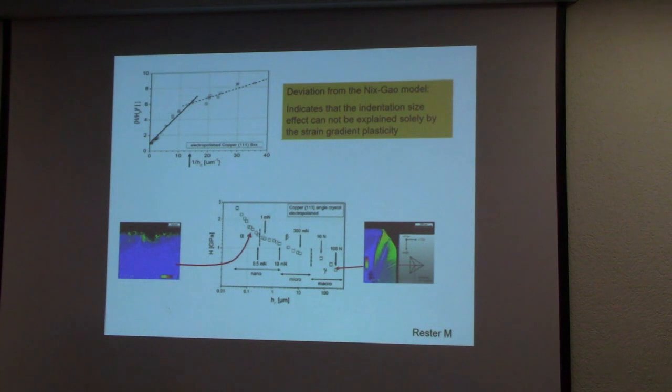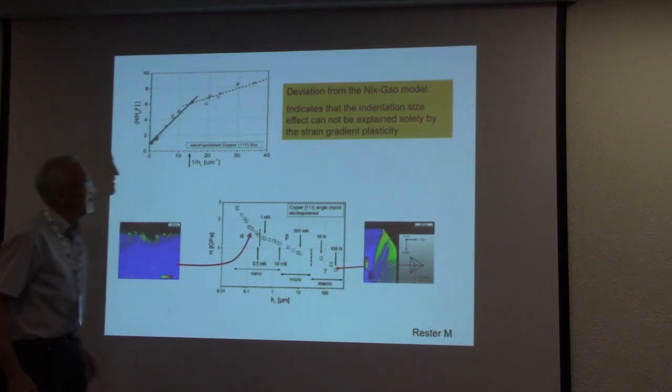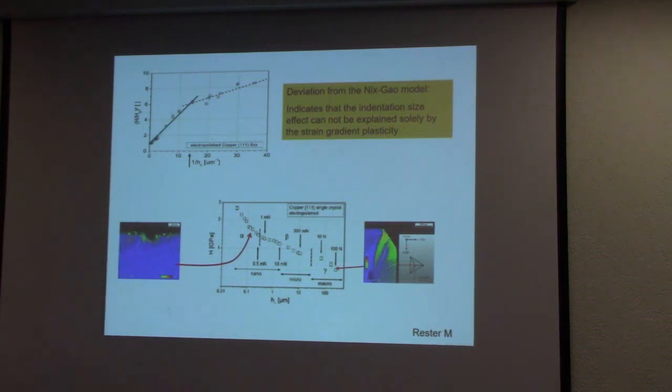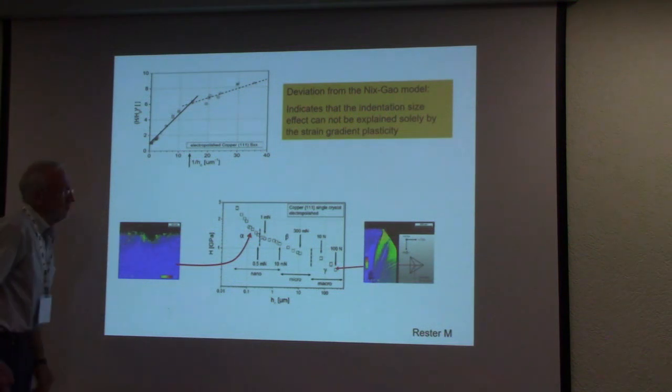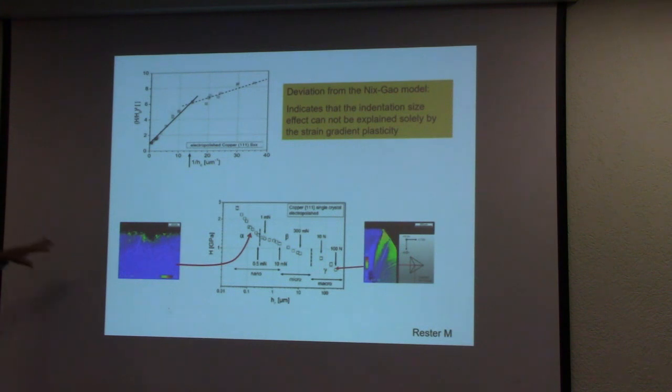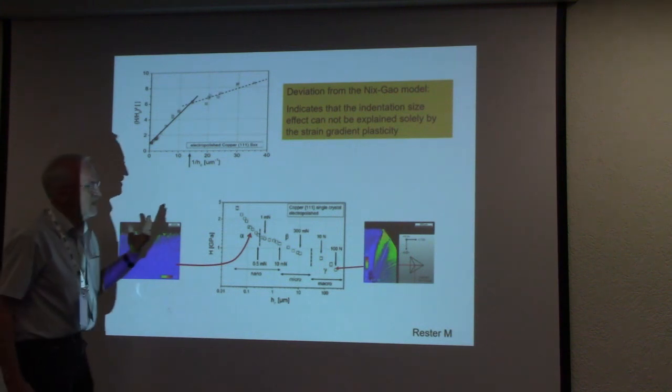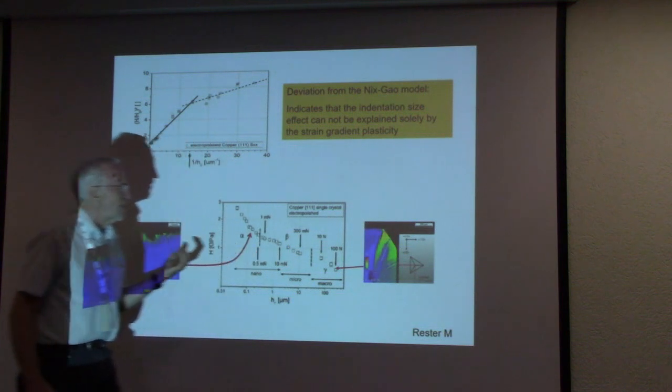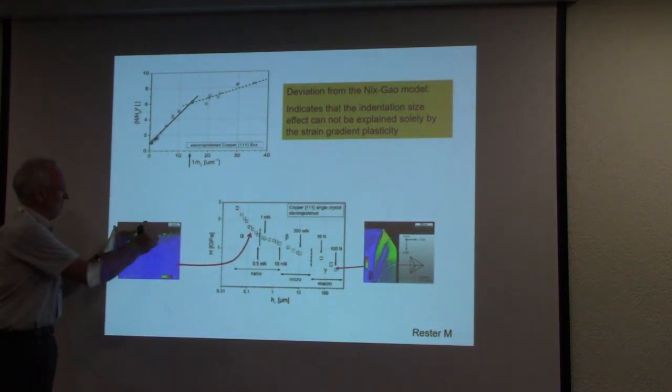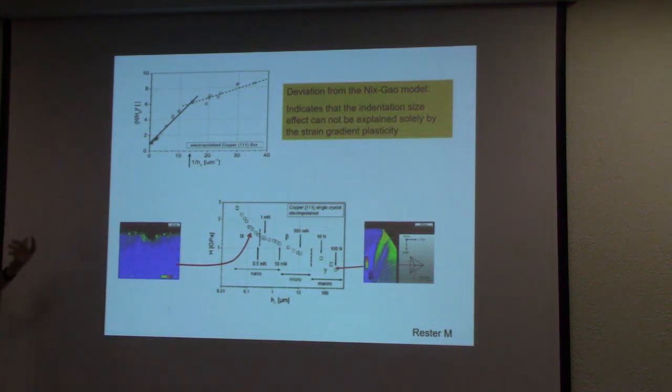And if we plot this, really carefully measured over a very high range, then we see that this does not work. And what we also have done is to look at the arrangement of the dislocations below the indenter, and what we have found is that this principal assumption, that the deformed volume is proportional to the size, is not true.